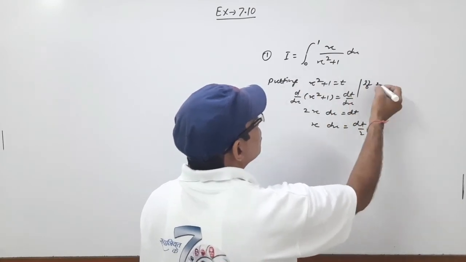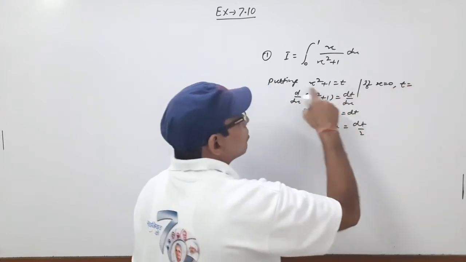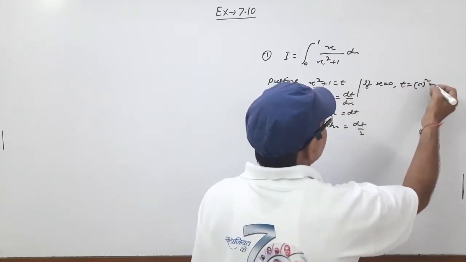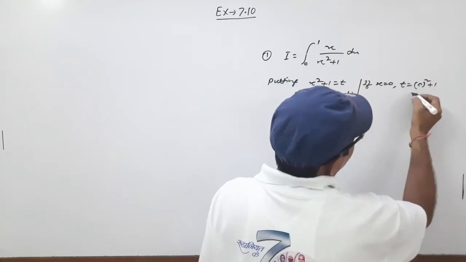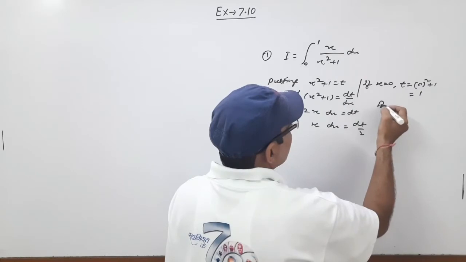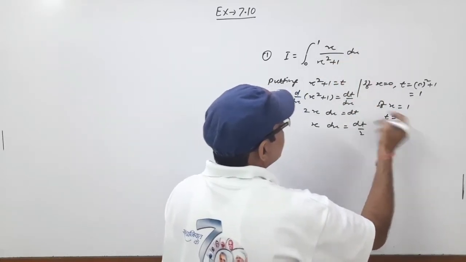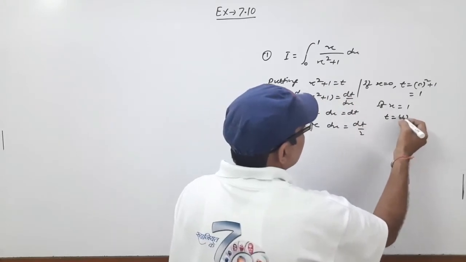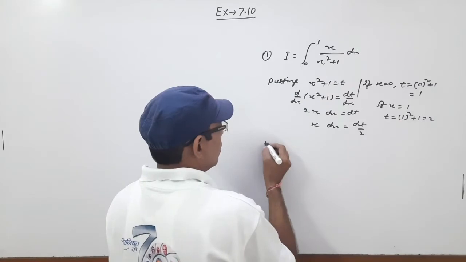If x equal to 0, then t equal to 0 square plus 1 equal to 1, and if x equal to 1, then t equal to 1 square plus 1 equal to 2.